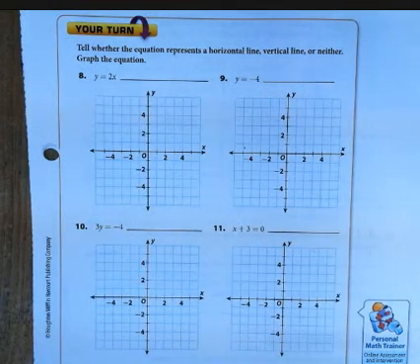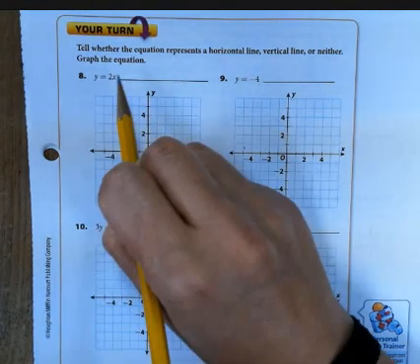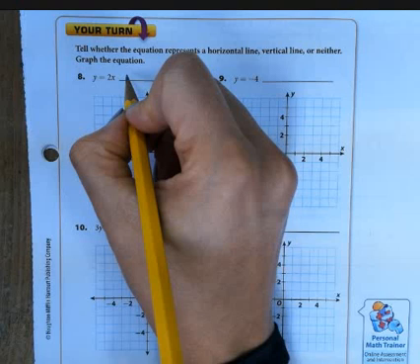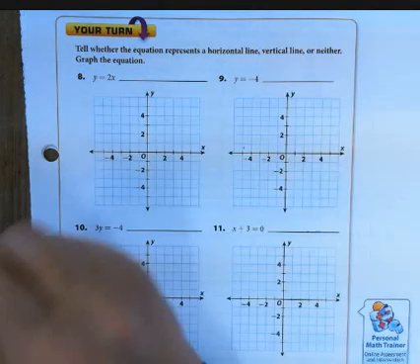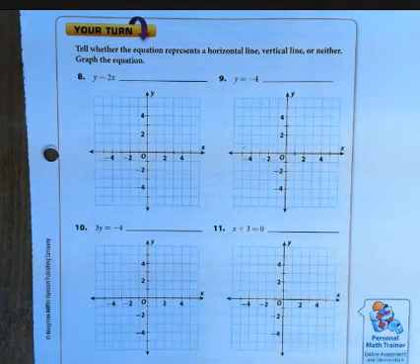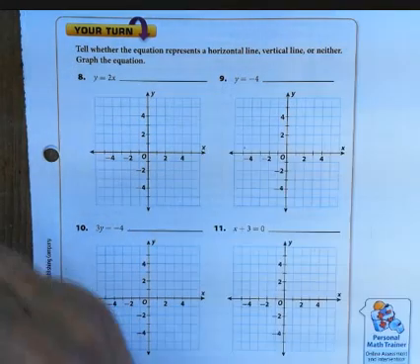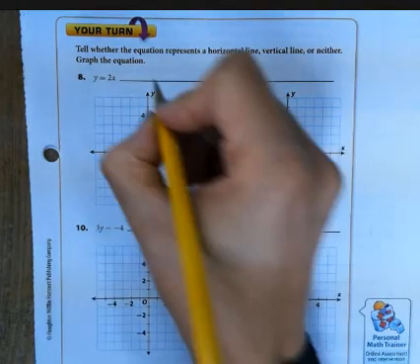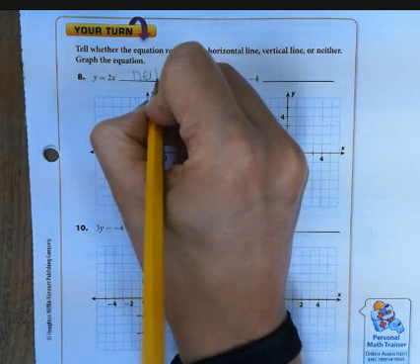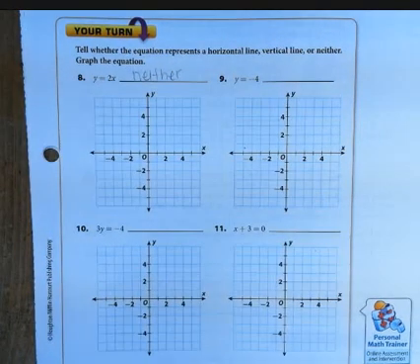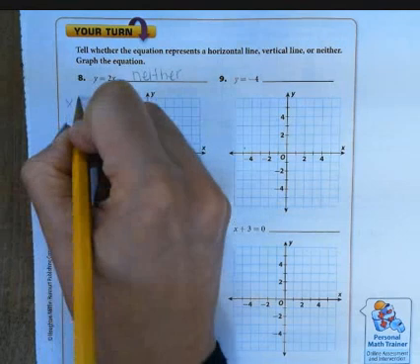So it's asking us to go ahead and graph it. We're going to create just a small x and y table here off to the side, and let's plug in some values. So we have -1, 0, and +1. If I substitute -1 into x, I have 2 times -1. That gives me -2. 0 times 2 gives me 0. And 1 times 2 gives me 2.